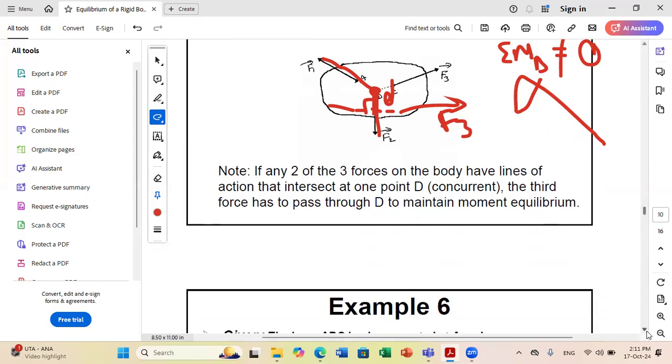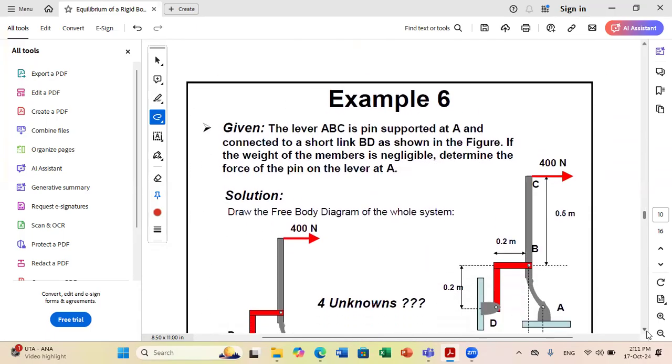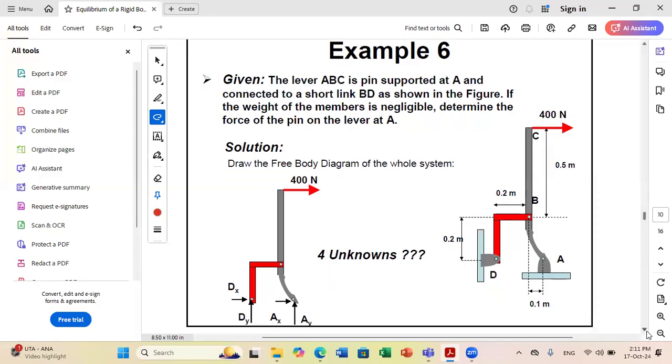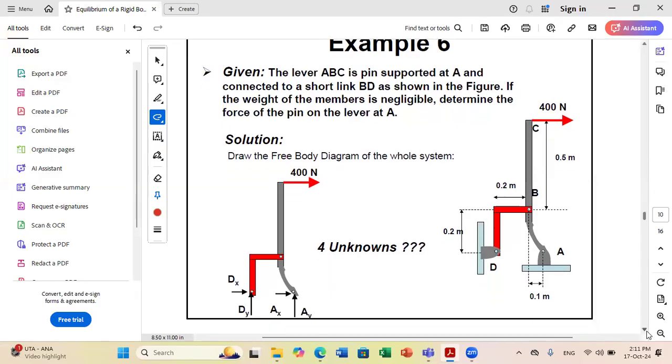Now, to understand better how I can use the concept of two-force member and three-force member, let us do the following example. The lever ABC is pin supported at A and connected to a short link BD as shown in the figure. If the weight of the members is negligible, determine the force of the pin on the lever at A. What do we have in this problem?